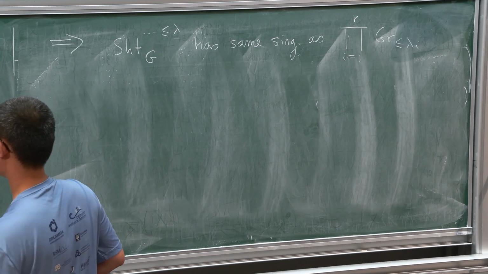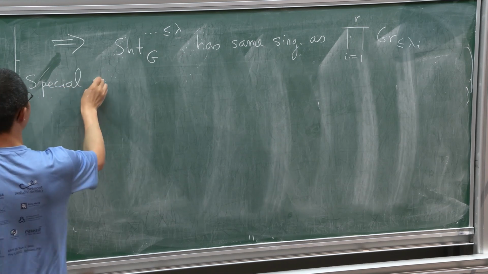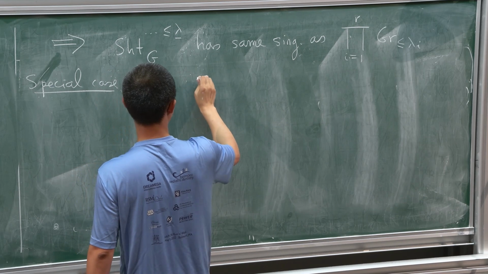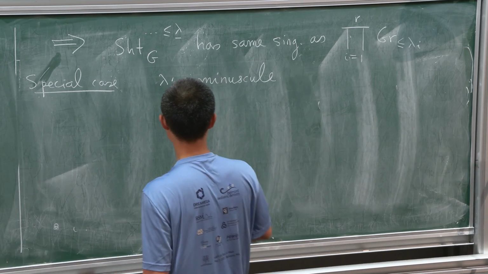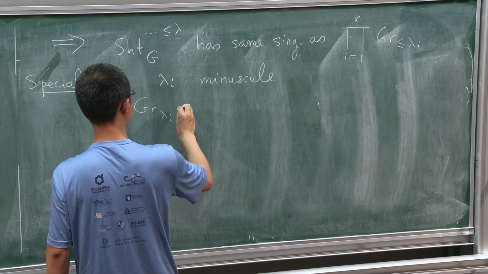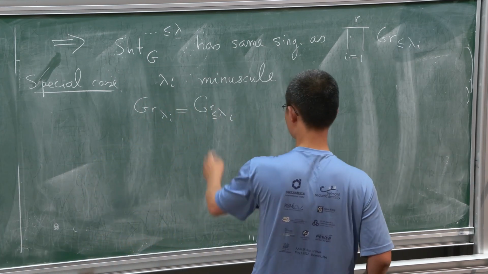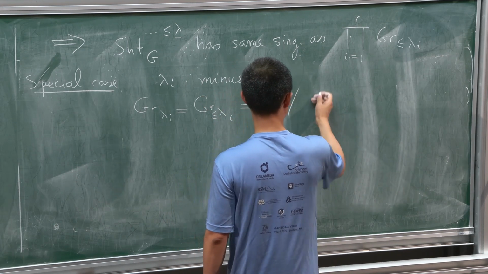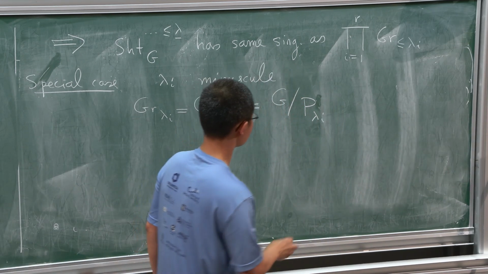Okay. So in particular, if you take all lambda I to be minuscule, then, as mentioned yesterday in Q&A, Gr lambda I is equal to Gr less than or equal to lambda, it's its own closure, and it's isomorphic to a partial flag variety of G. In particular, smooth.